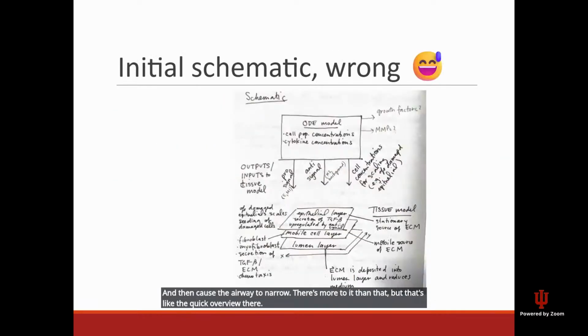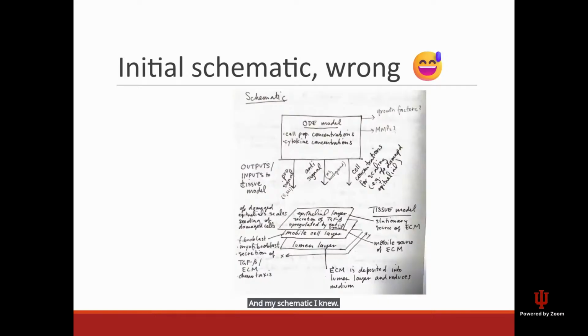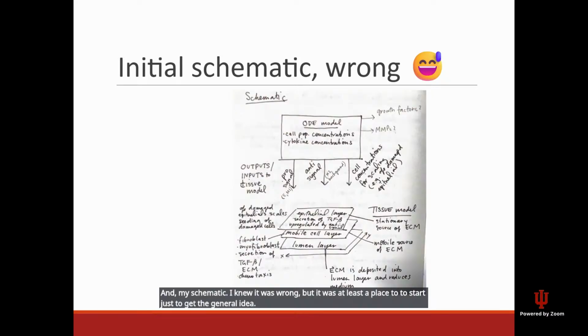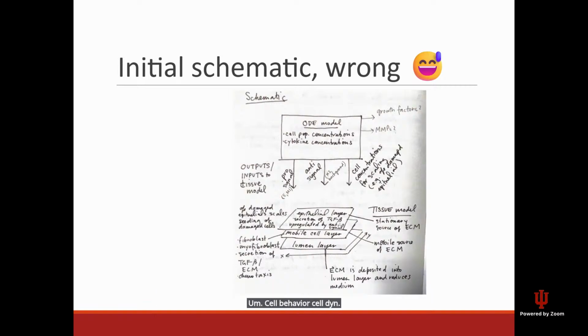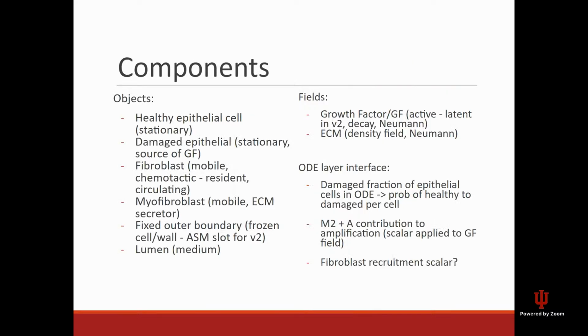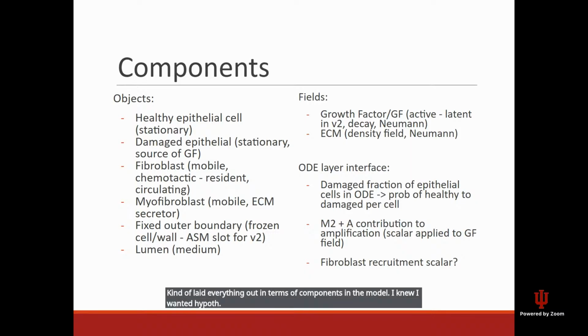And my schematic, I knew it was wrong, but it was at least a place to start, just to get the general idea. I knew I wanted to have some sort of signal from the ODE that drives cell behavior, cell dynamics in the tissue layer. As we were starting this project, I had laid everything out in terms of components in the model. I knew I wanted epithelial cells to be healthy or damaged.